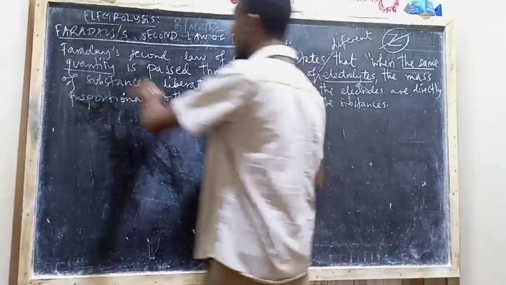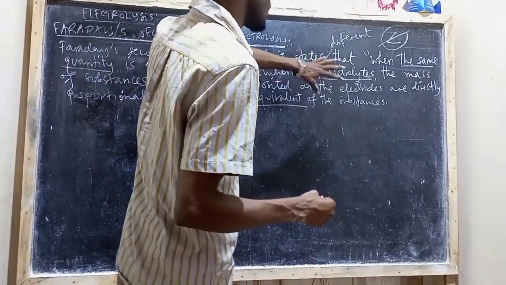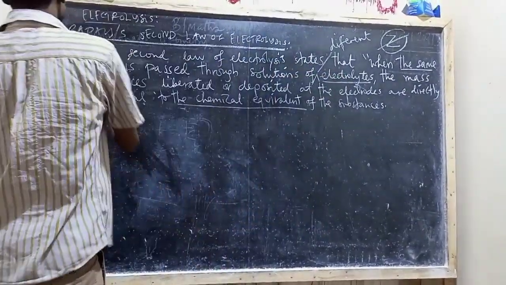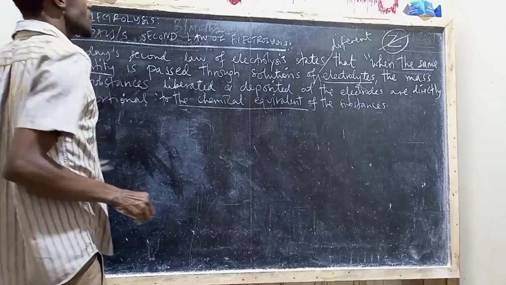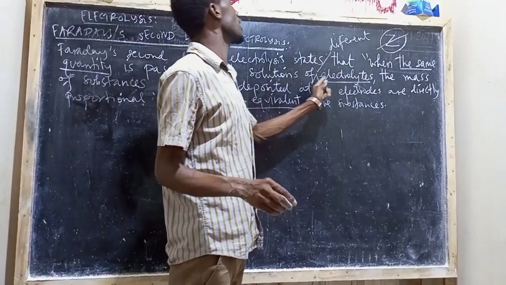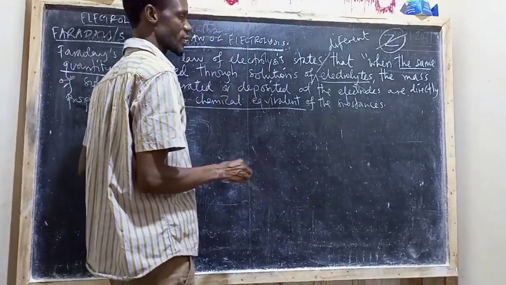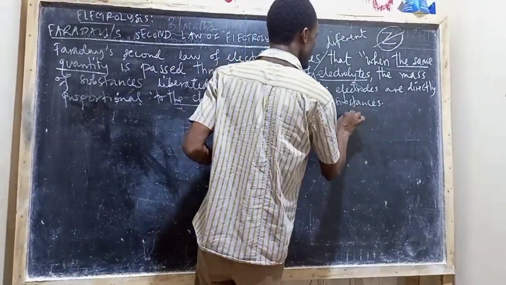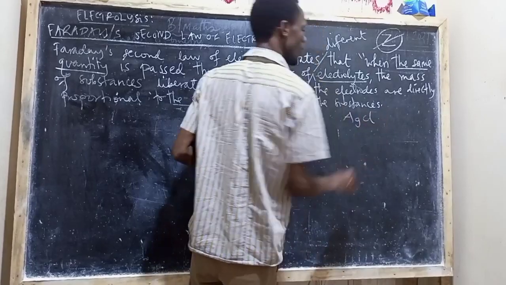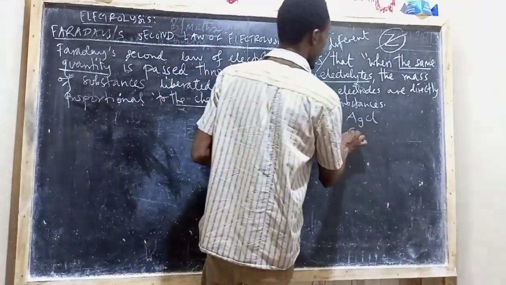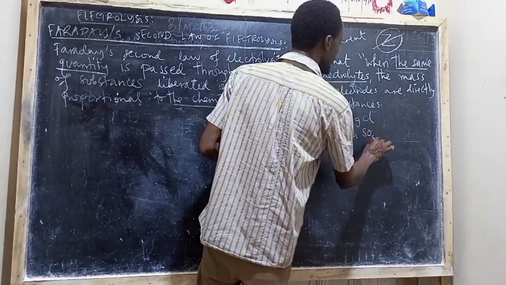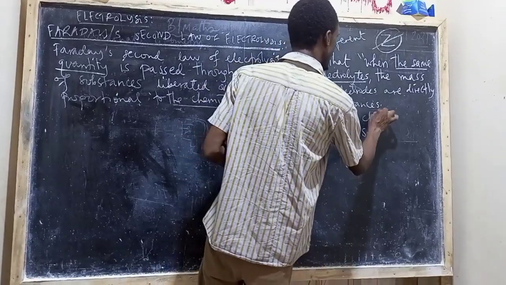So Faraday's second law of electrolysis states that when the same quantity of electricity is passed through the solution of different electrolytes, maybe we may have silver chloride and also copper 2 sulfate. These are the two electrolytes.